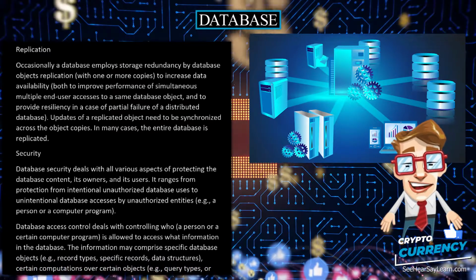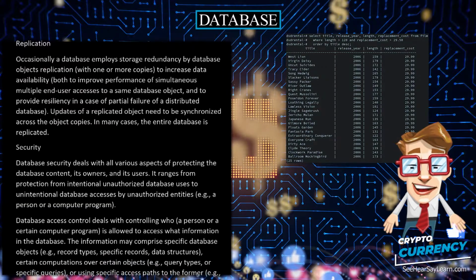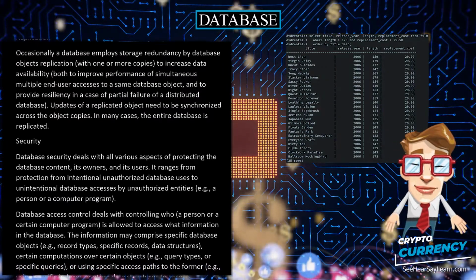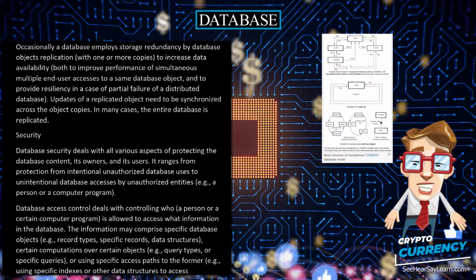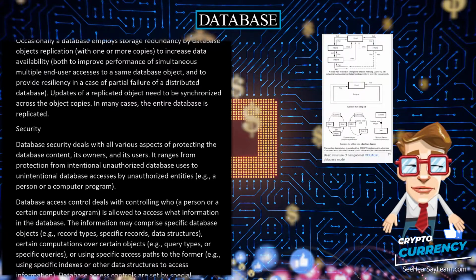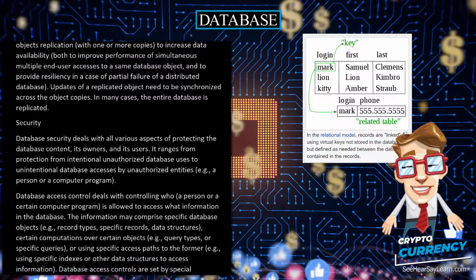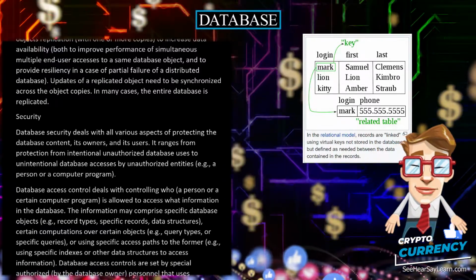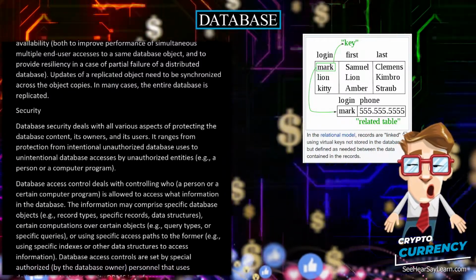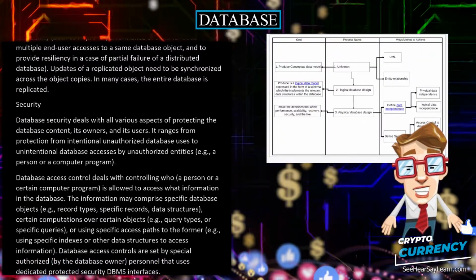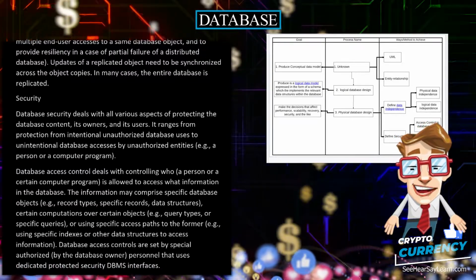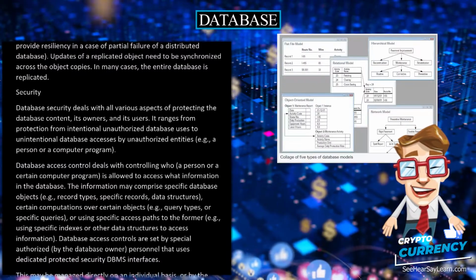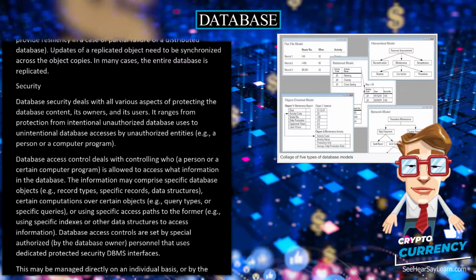The information may comprise specific database objects, for example, record types, specific records, data structures, certain computations over certain objects, for example, query types, or specific queries, or using specific access paths to the former, for example, using specific indexes or other data structures to access information.